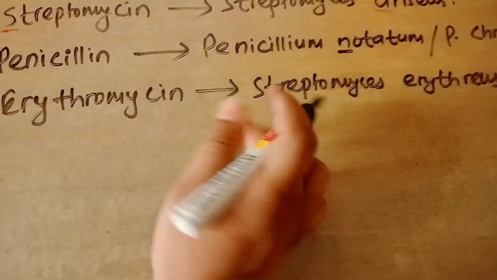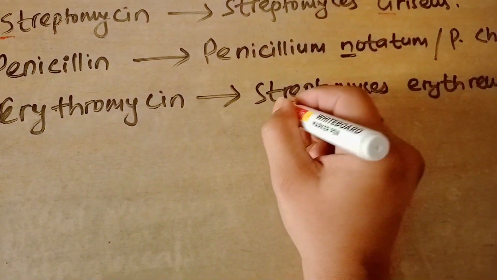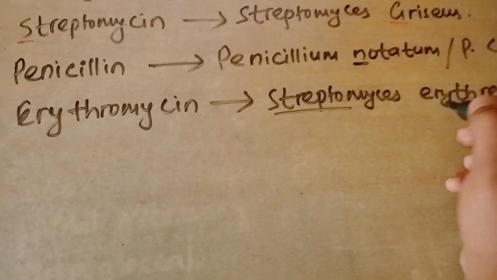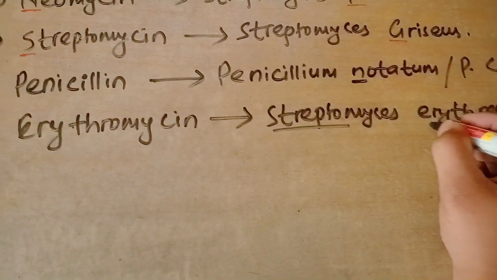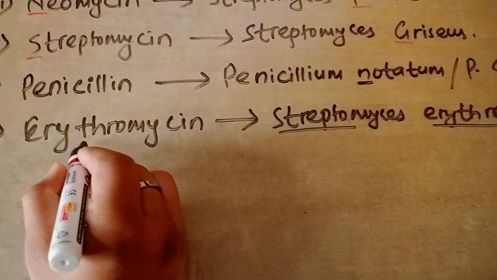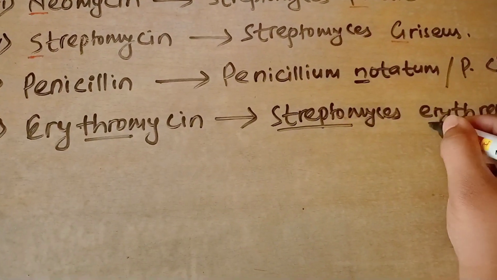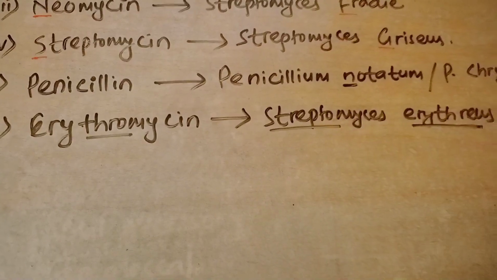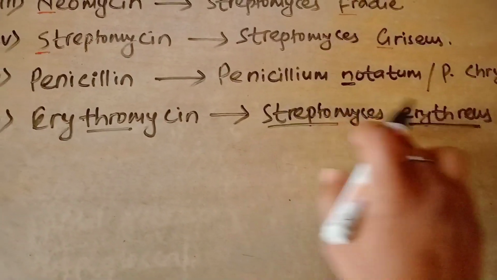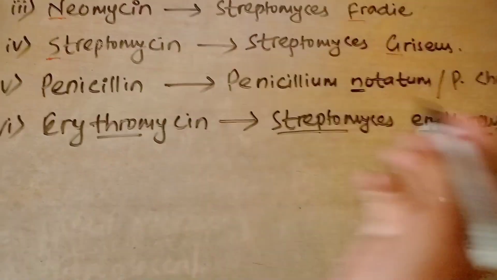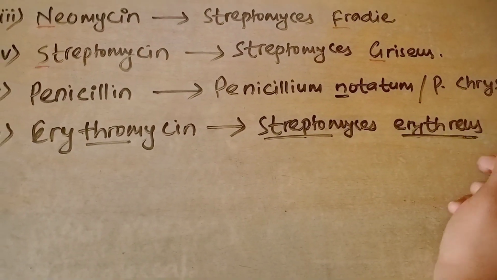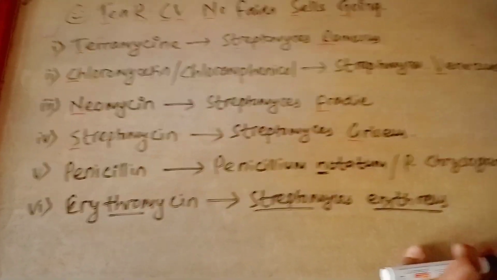Erythromycin does not need a trick because the genus is the same in all, but the species comes from its name only, erythromycin, and the species name is erythreus. So it is so easy, and the examiner does not ask about these two, because everyone can know erythromycin has Streptomyces erythreus as its source. So this much for today.